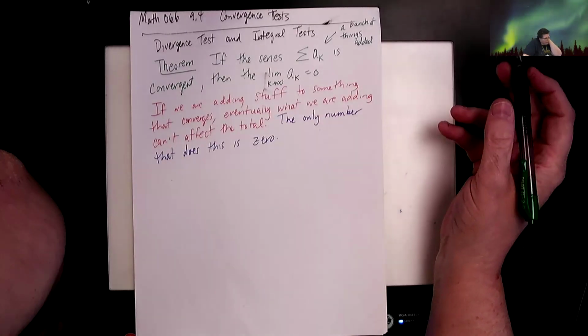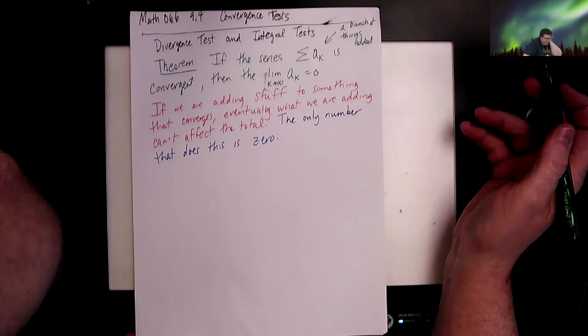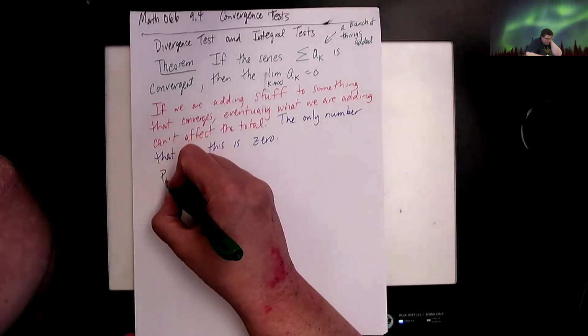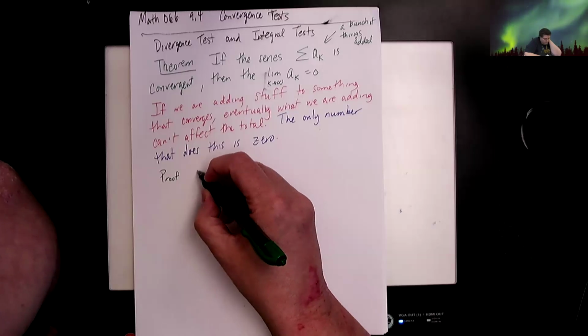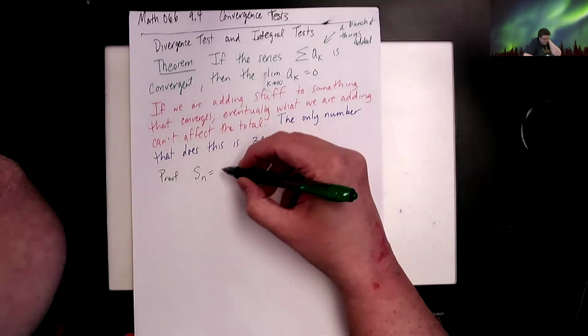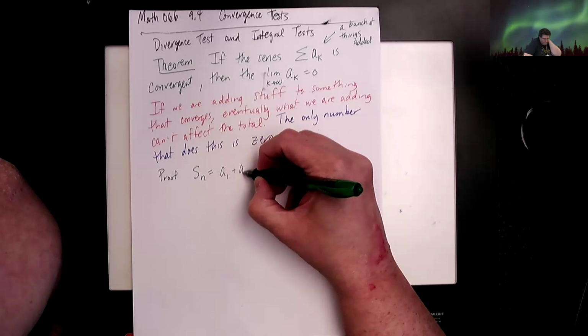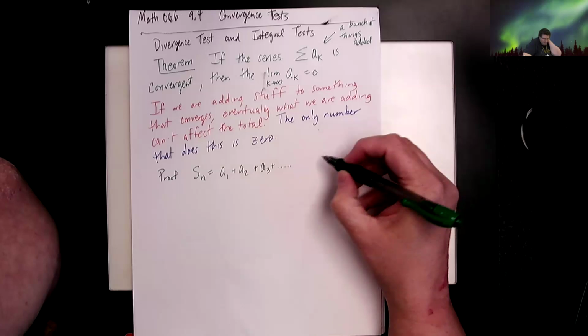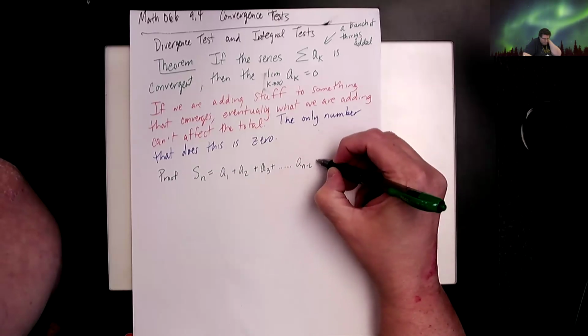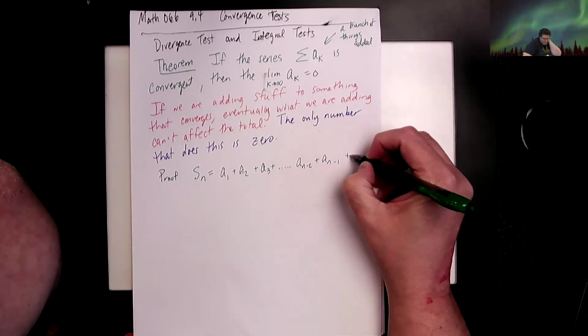But maybe you want a little bit more than that. Maybe a little logical argument is enough. Maybe we can do a proof here. What would S sub n equal? S sub n is a_1 plus a_2 plus a_3 plus ... a_(n-2) plus a_(n-1) plus a_n.